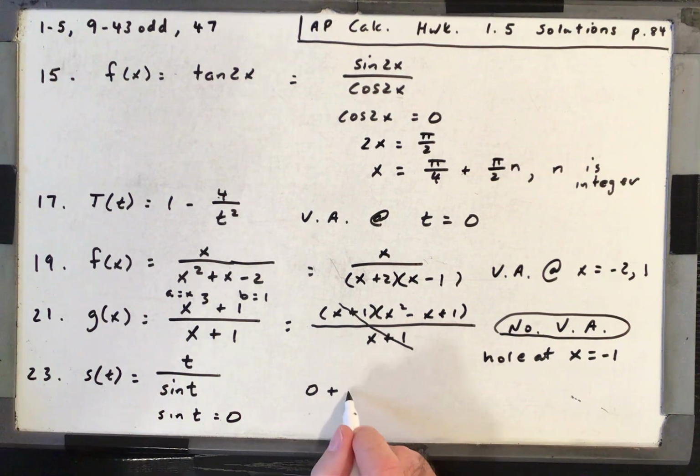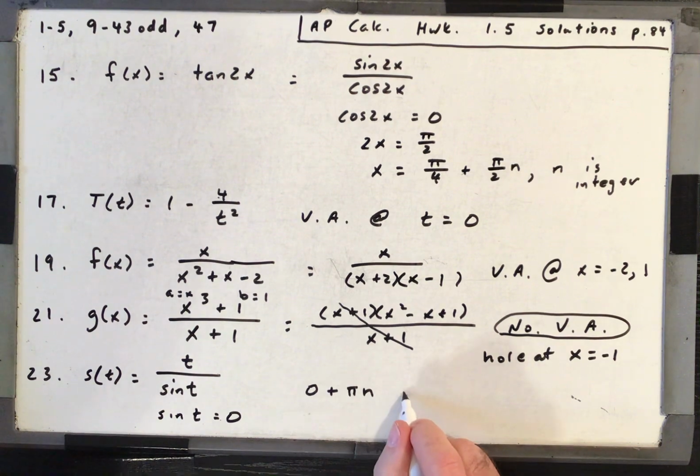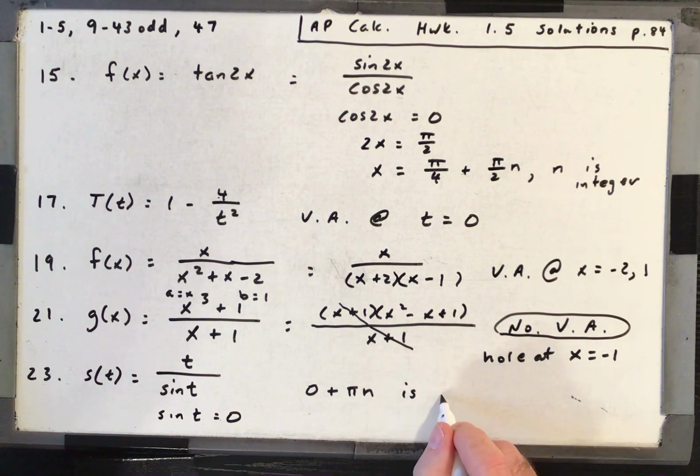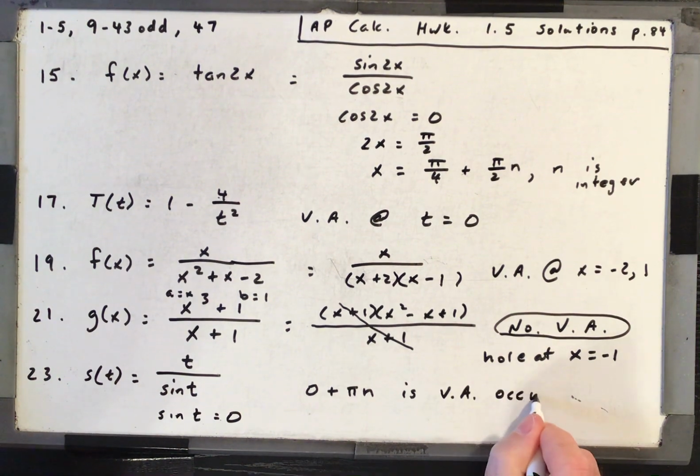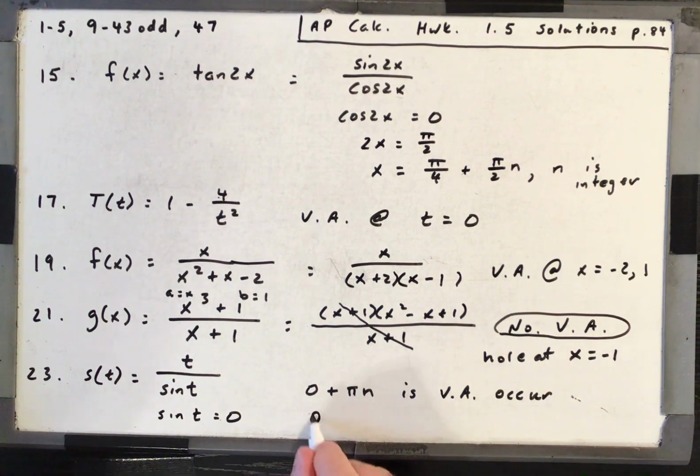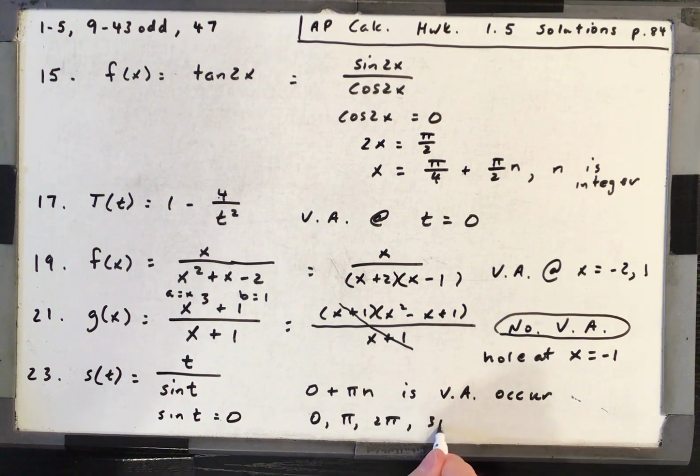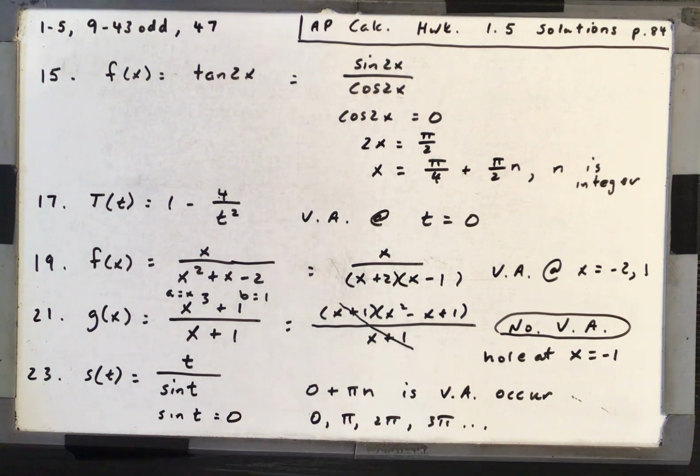So 0 plus pi times n is where the vertical asymptotes occur. So 0, pi, 2 pi, 3 pi, etc., on forever, and also in the negative direction.